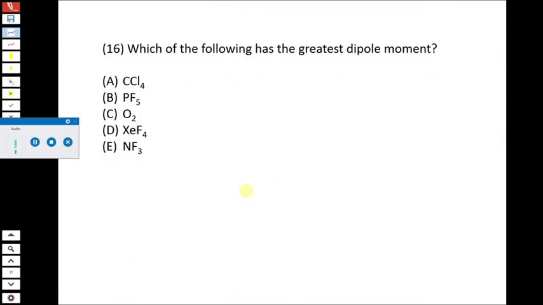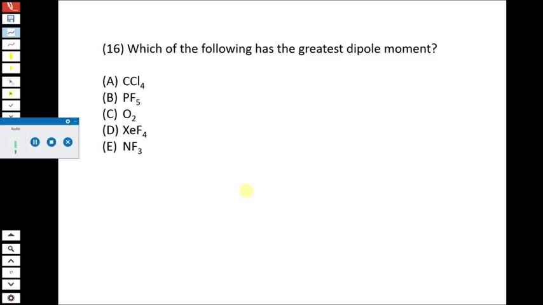All right, so number 16 deals with molecular polarity. And I would say I don't like making promises because then if I accidentally break the promise, you guys just destroy me. But I would say that in 99% of the questions that deal with molecular polarity, your only job is going to be to decide if the molecule is polar or not.